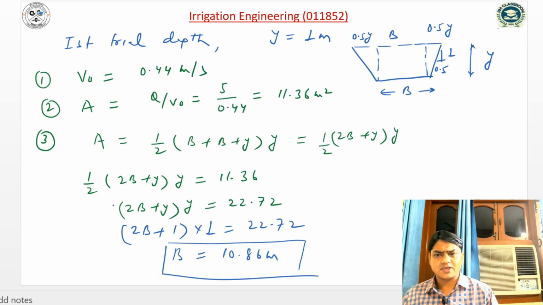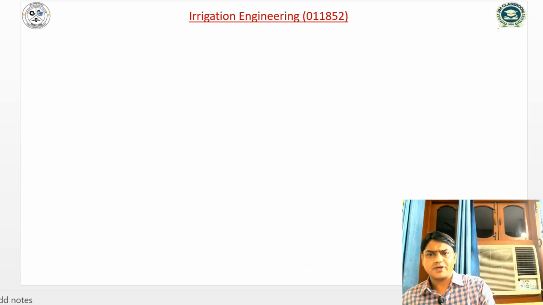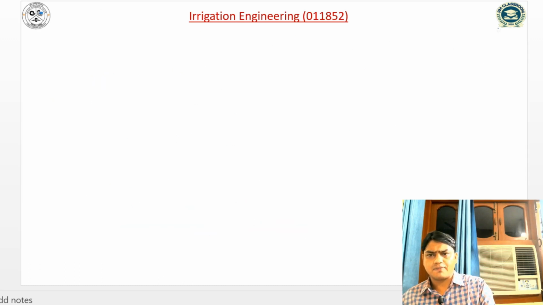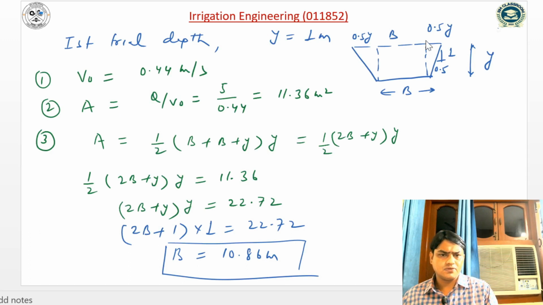So b and y are computed. So perimeter can be computed as: perimeter is b plus 2 times the square root of this sloping side, y square plus 0.5 y square.